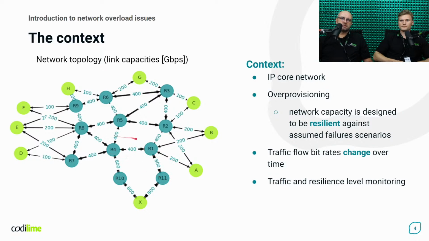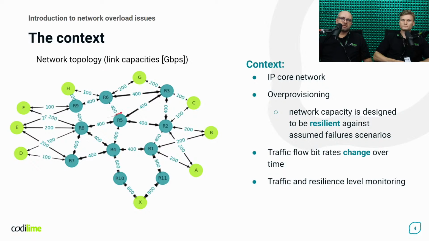Such a network is transiting the traffic between any pair of edge routers, marked with lime color and denoted here by capital letters. The edge routers can be access routers, BNG routers, evolved packet cores, also the access to the tier 1 internet providers.